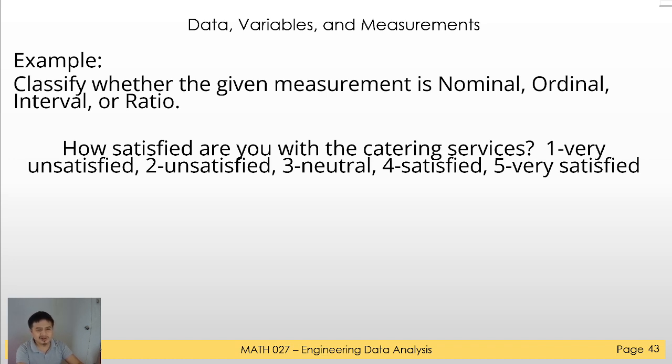We are classifying things, so this should be qualitative data. So it could be nominal or ordinal. Since we have an order incorporated into this, 1 for very unsatisfied and 5 for very satisfied, therefore this is ordinal. Okay, so don't be confused.